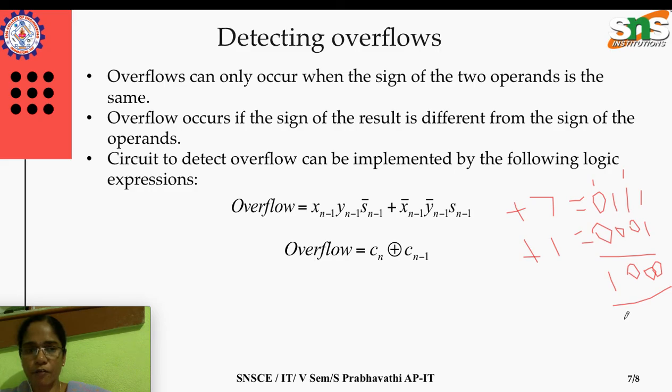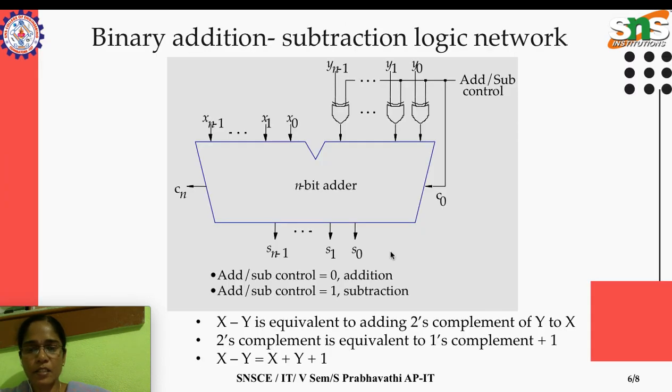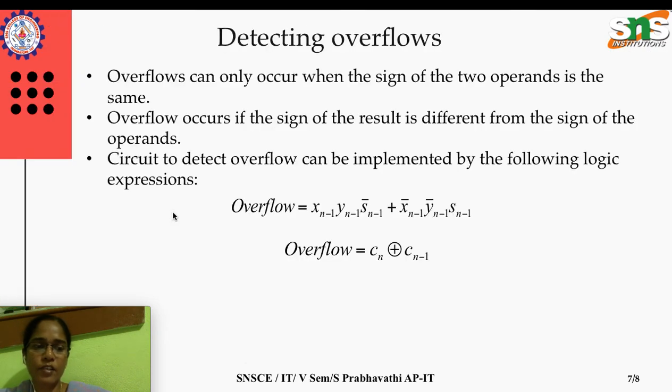That can be detected by this equation, which is the XOR operation of carry n and carry n minus 1. We could implement it in this circuit, adding that logic to check the overflow condition too.